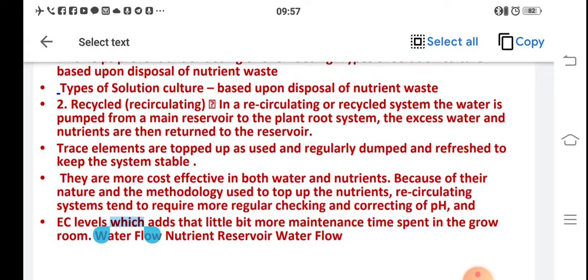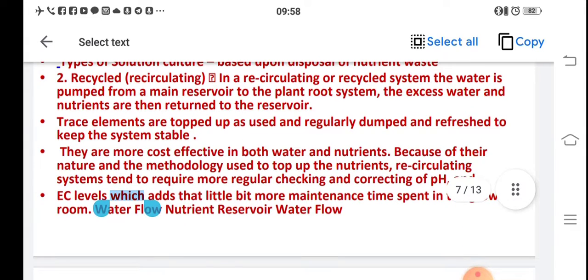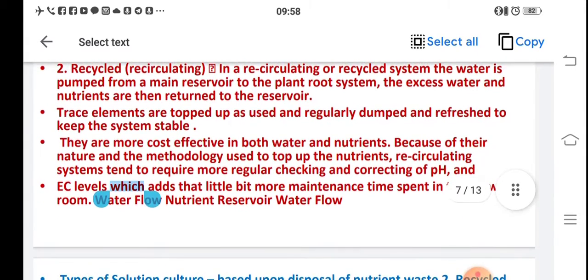In one, water is pumped directly to the root system, and the excess water and nutrients are then returned to the reservoir. The trace elements are topped up as used, and regularly dumped and refreshed to keep the system stable. Trace elements, the other main elements are the NPK, right? Next, the nutrients are recirculated.